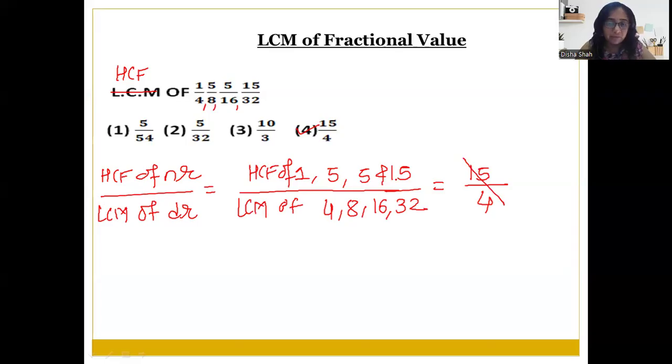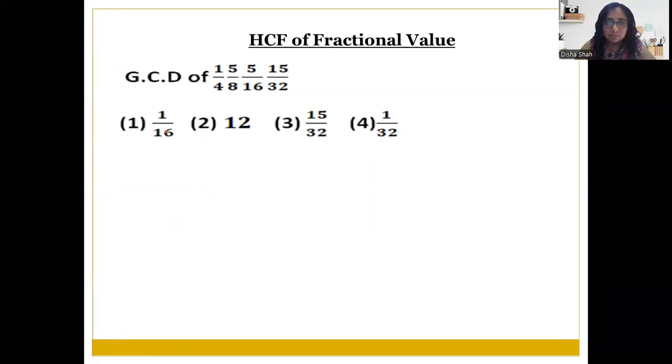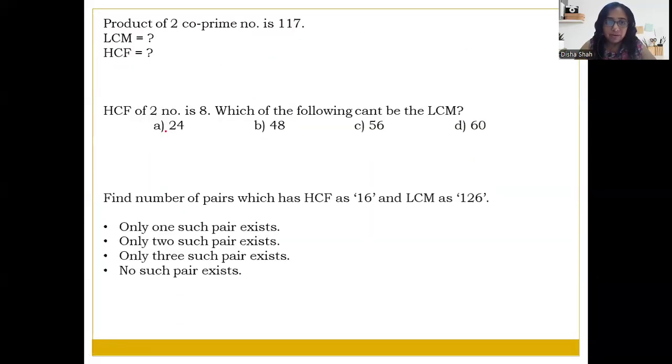HCF of 1, 5, 5 and 15. Now HCF can't be greater than 1, so this has to be 1. And LCM में 32 is a multiple of all these numbers, so answer is 1 by 32 is the HCF. And this is the same question.